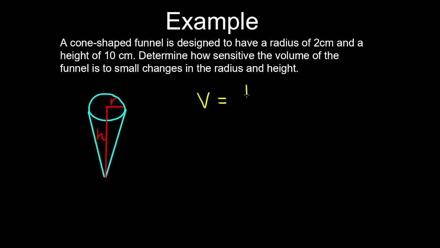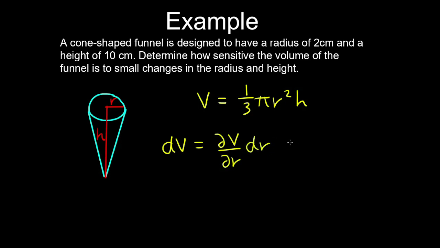So the volume of a cone is 1/3 by pi r squared by h, and a differential change in the volume is the partial derivative of the volume with respect to the radius by the incremental change in the radius plus the partial of the volume with respect to the height of the cone by the incremental change in the height. And note that we're evaluating these for a given radius and height of the cone.